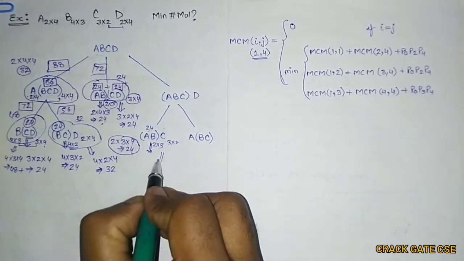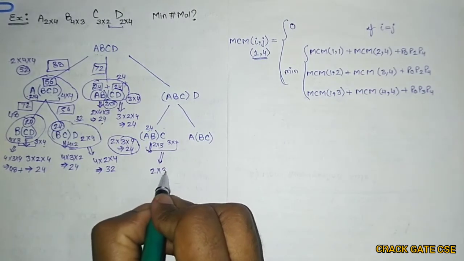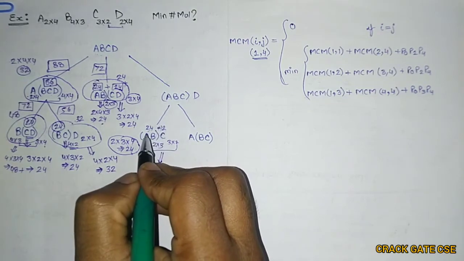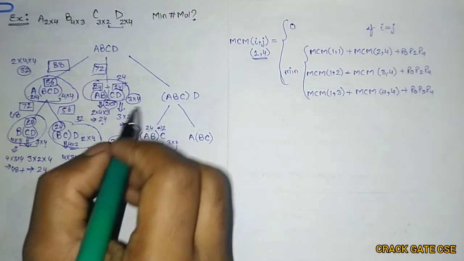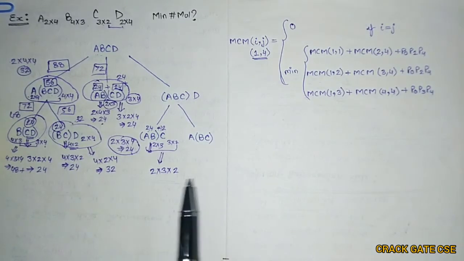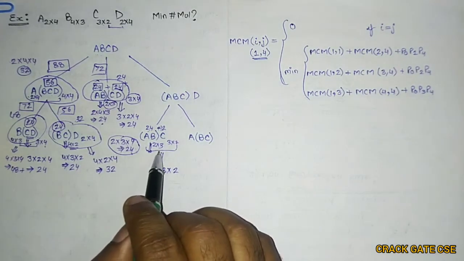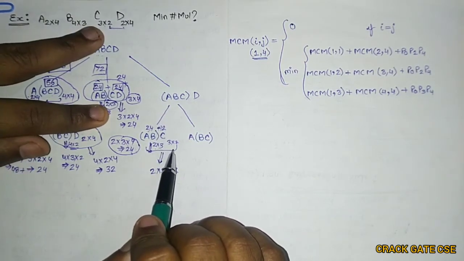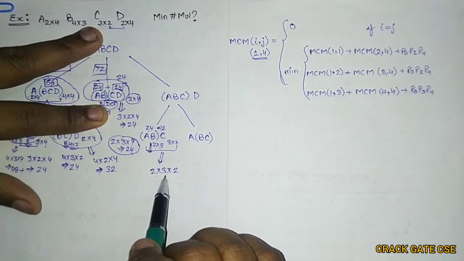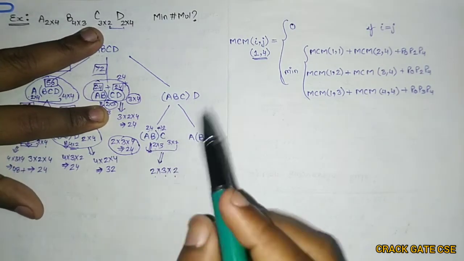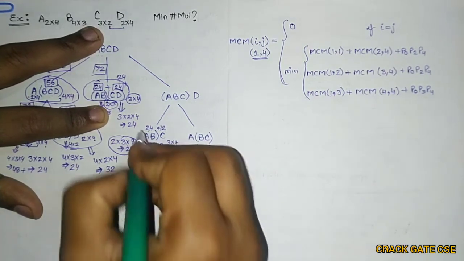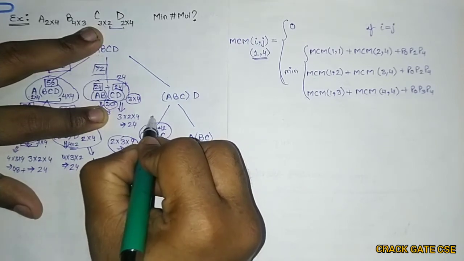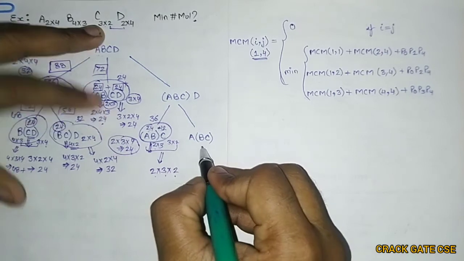If you solve it, it is 2 into 3 into 2, which is 12. So AB is 2 into 3 and C is 3 into 2, combinedly 2 into 3 into 2, which is 12. Now the sum 24 plus 12 will be 36, right? Now check for this.